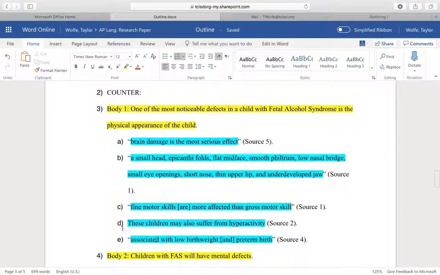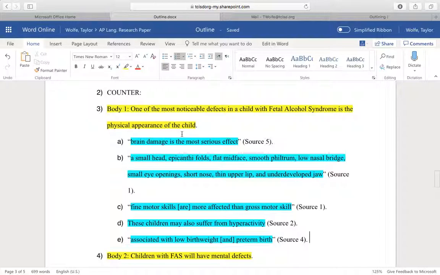They could have said, okay, I'm going to take the most serious piece of evidence I have and list it last, or I could do this chronologically and say, let's start off with birth. I'll put that right here. Then I'll move into what does their face look like, talk about their motor skills, and then go into these children may also suffer from hyperactivity, meaning start with birth and go into skills that they acquire after birth, which would be a chronological order.